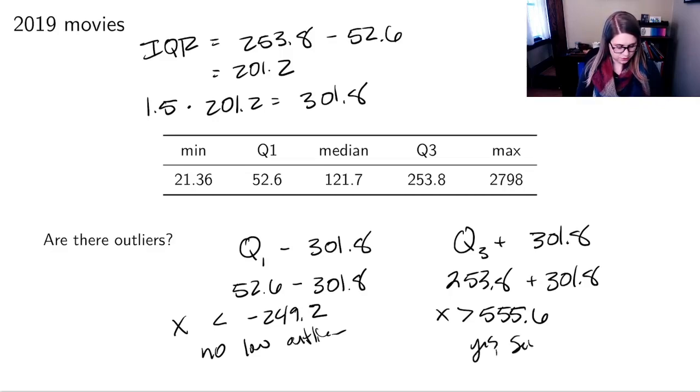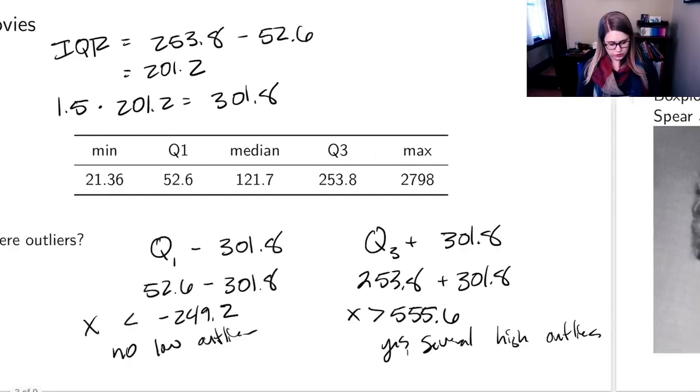Yes, several high outliers. I can't really tell how many from this table of data right now, but I know that since the max is 2,798, and that is more than this cutoff, there's got to be at least one outlier. I'd have to have the raw data to actually pick out how many outliers there were.